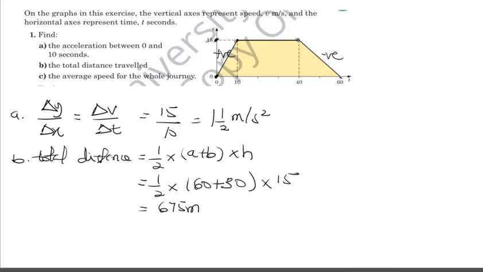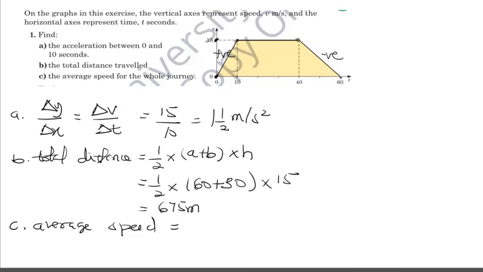Moving on to C. In C, we are to find the average speed for the whole journey. And average speed is the total distance divided by the total time taken.